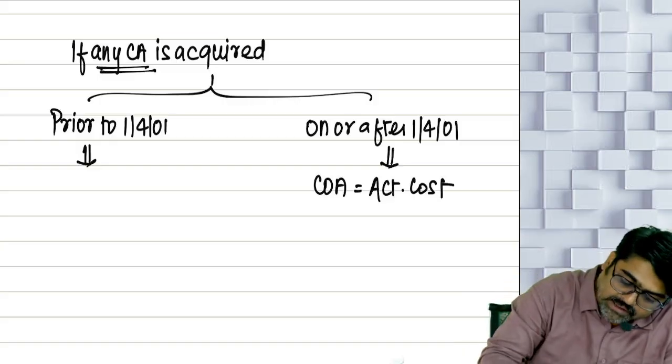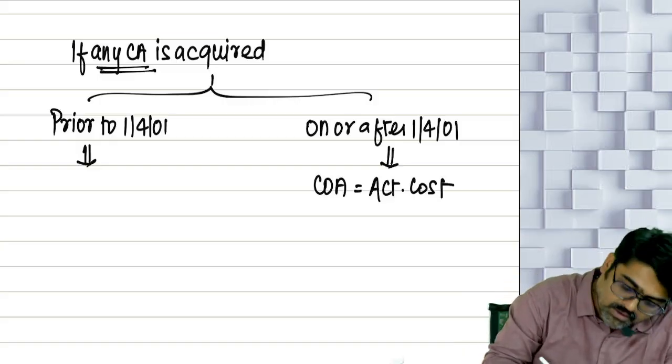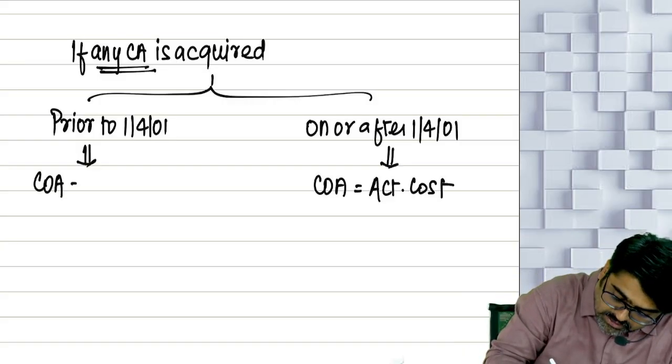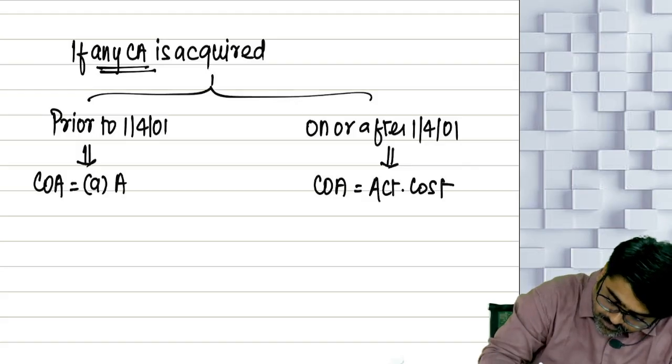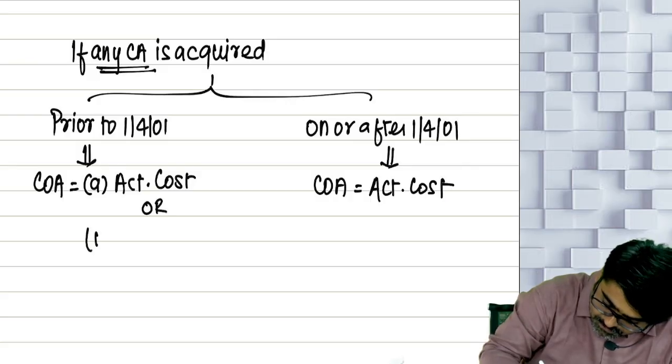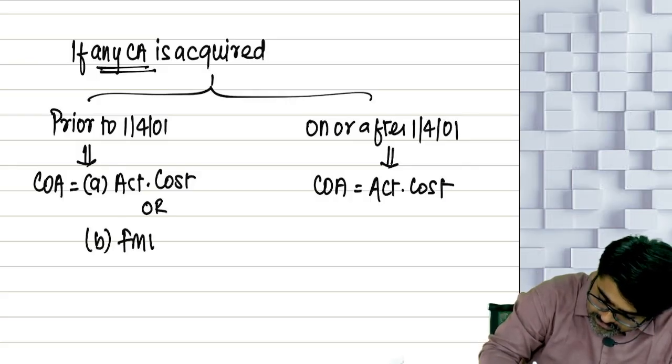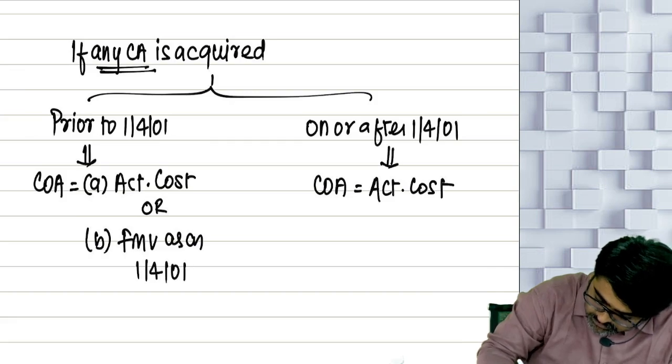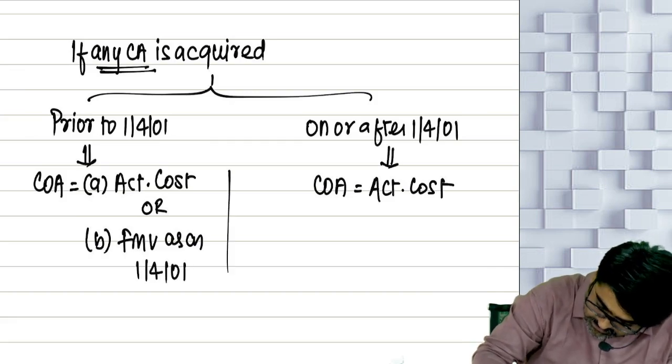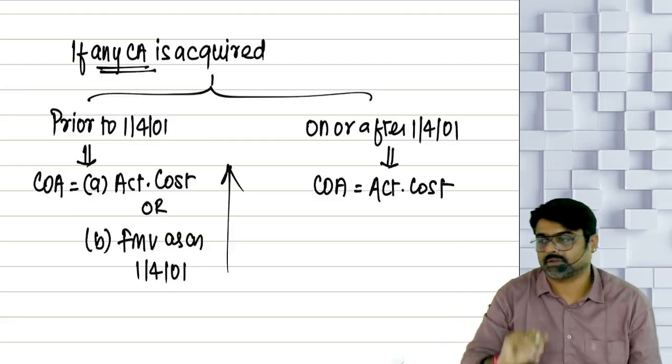So if the capital asset is acquired prior to 1st April 2001, then what will be the cost of acquisition? It will be A, actual cost, or it will be B, the fair market value as on 1st April 2001. This or this, whichever is higher. You can take this cost.